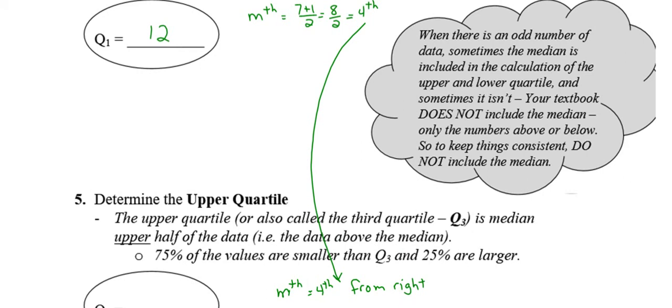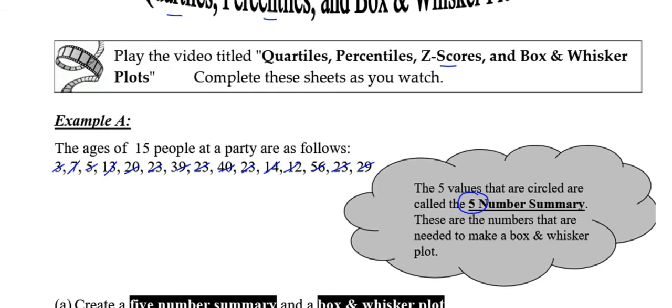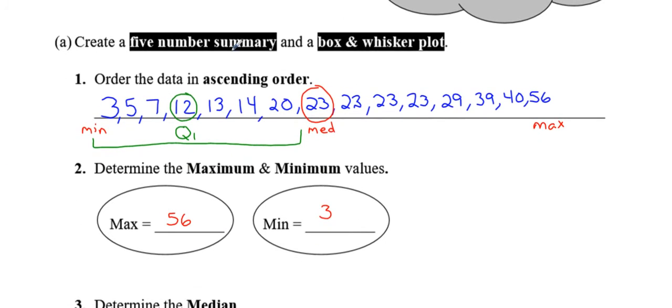In this example, it doesn't make that much of a difference, but in harder examples, it would make a bigger difference. So 1, 2, 3, 4. That there is the median of the upper half of the data, so that is the third quartile.